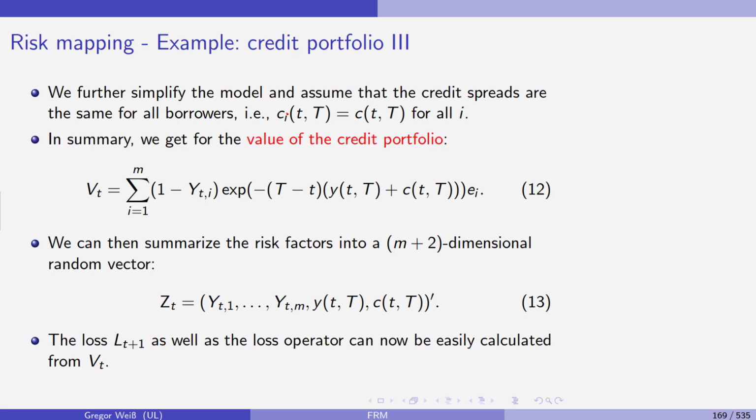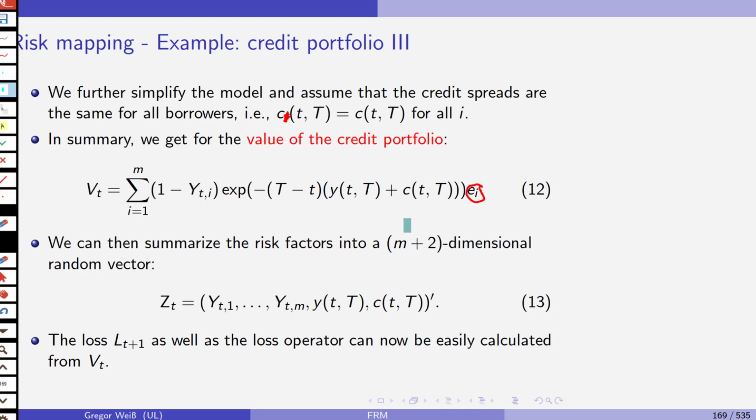So we lose the subscript I. And in summary, we get for the value of the credit portfolio 1 minus YTI times the exponential function of the discounted credit exposure.